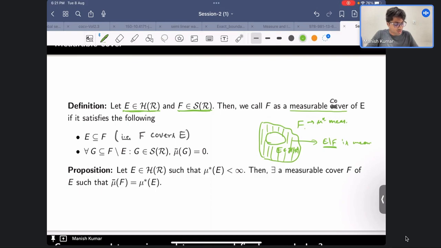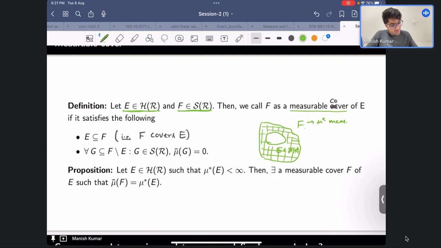Although this is not possible, because the moment I say F minus E is measurable, this should imply that E is measurable, and then we should not talk about any cover of it, because if it is measurable, it is itself a measurable cover of E. Since this is not measurable, what it says is that any measurable subset of this part is of measure 0.